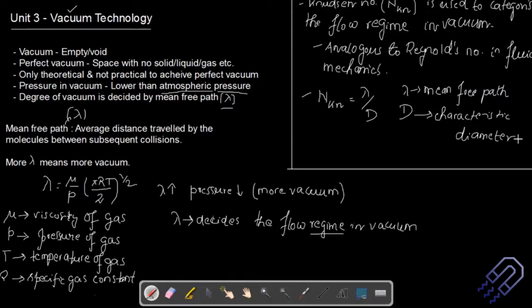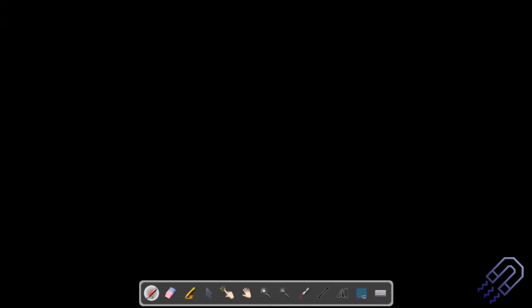Okay, let's try to understand it a bit better, and try to actually draw some pictures out here. Let me take one more page now. So what happens is this: if lambda is more, that means this Kn is going to be more, because if we look into this relation Kn equals lambda divided by D, it means this will be more if lambda is more.